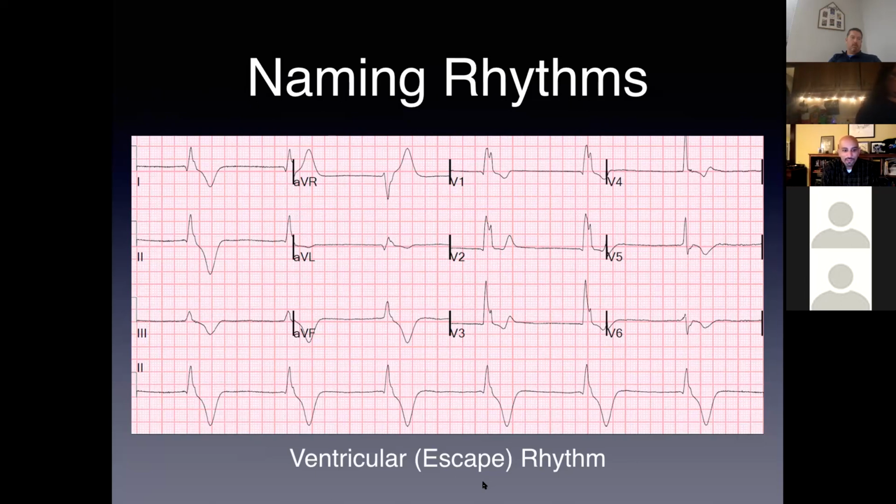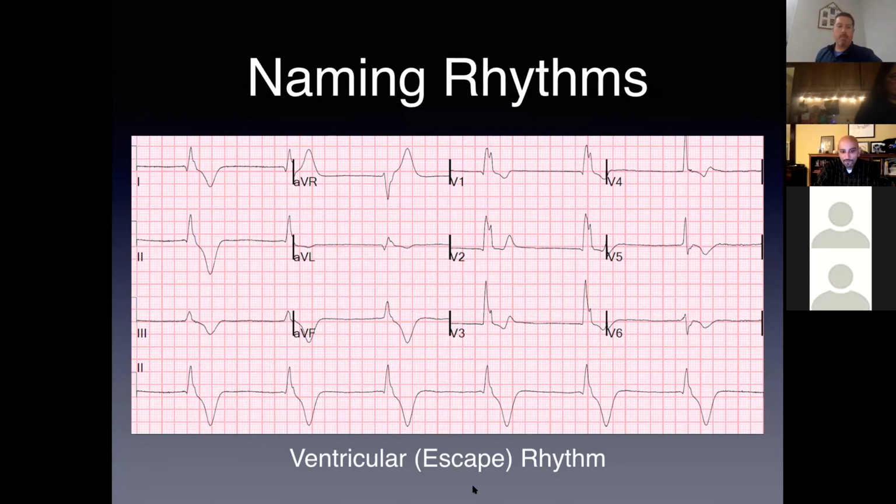And so this is a wide complex. It's ventricular. When electrical impulses go down the wires, so to speak, they're conducted quickly. When electrical impulses have to spread muscle cell to muscle cell, they go slowly. And so that slowness of the conduction through the muscle cells makes the QRS wider. Whereas if it's going down the conduction system, it goes faster and it makes the QRS narrower.